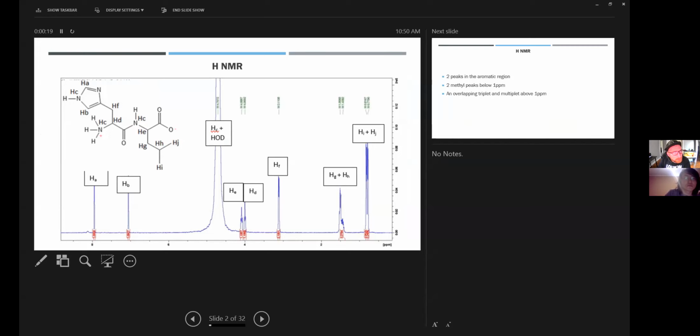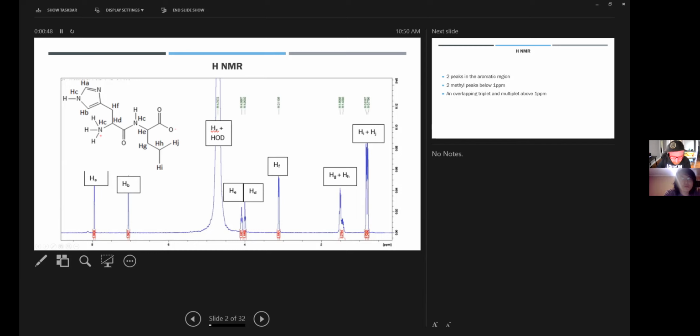There were a lot of possibilities, and we were doing a lot of TLC. But thankfully, when we finally got our first NMR back, that was a huge plus for us. It really allowed us to get a better identification of what our possible unknown dipeptide could be.